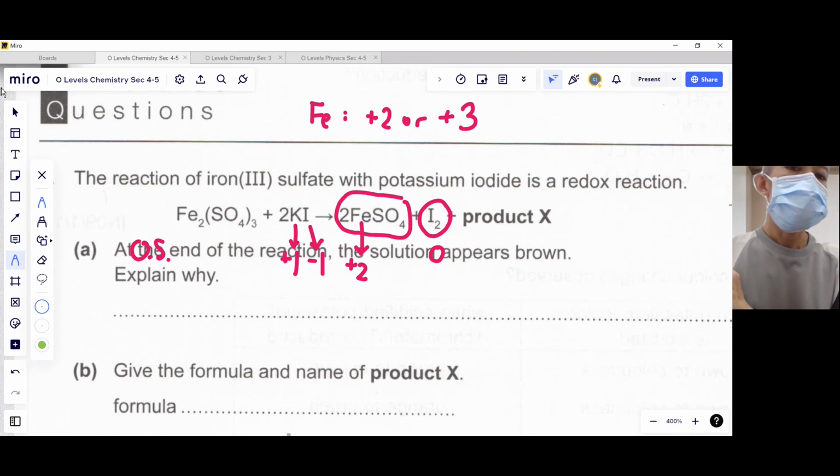Remember the rules? The rules also talk about oxygen. Yes, oxygen is -2, unless it's in a peroxide, then it's -1.